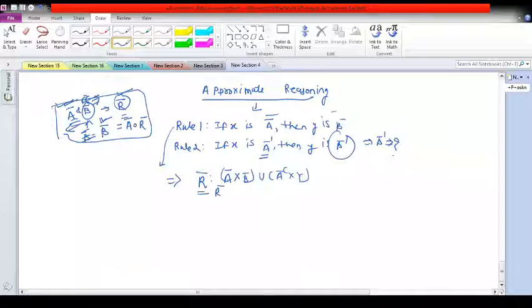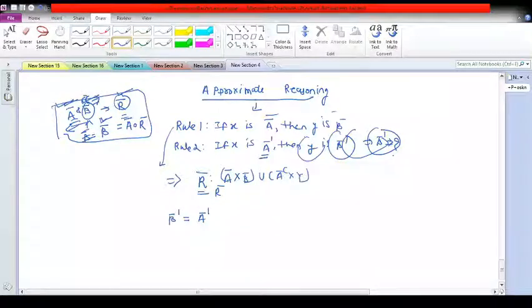This R bar will help me obtain B bar dash, and this B bar dash can be obtained using the composition operator, because A bar has been changed to A bar dash here.